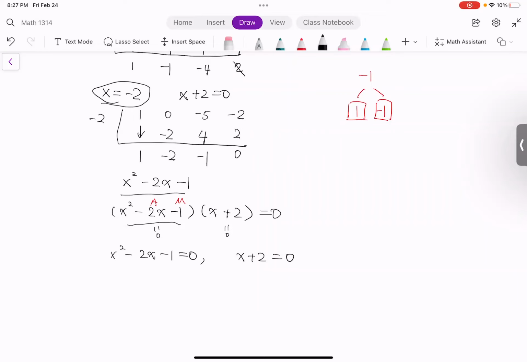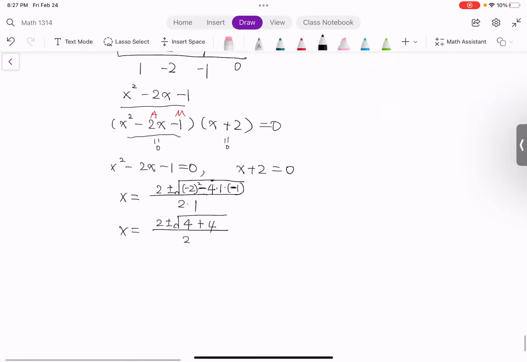So use the quadratic formula. x equals negative b, b is -2, so negative b is positive 2, plus or minus square root of b squared, -2 squared, minus 4ac, 4 times 1 times -1, divided by 2a, 2 times 1. x equals 2 plus or minus square root of 4, here is minus, here's minus, so we have plus 4, over 2.